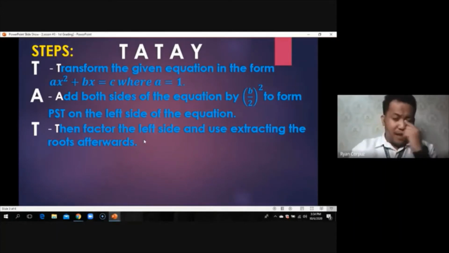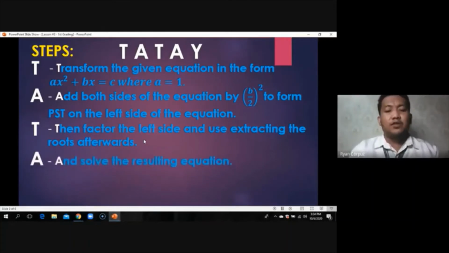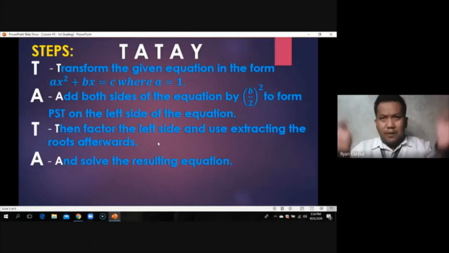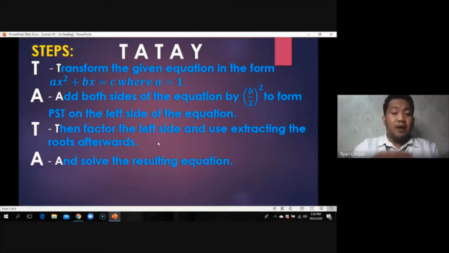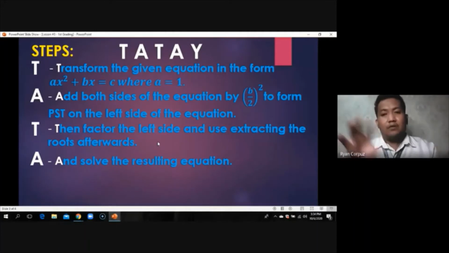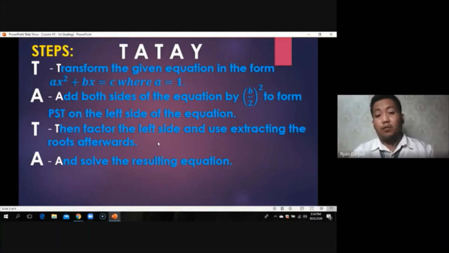Then after that, the second A stands for and solve the resulting equation. Diba ginagawa natin? When we remove the square in that square of binomial by getting the square root of both sides by using extracting the roots, mawawala na yung square doon. Then we are going to find the root of the constant term, which is the positive and the negative root of it.